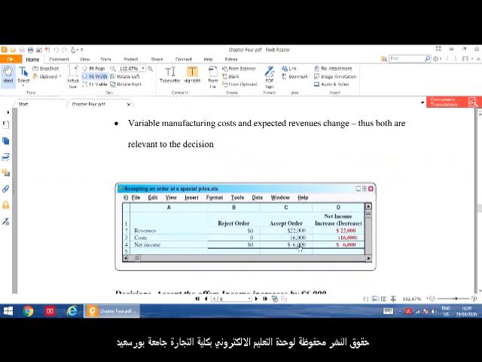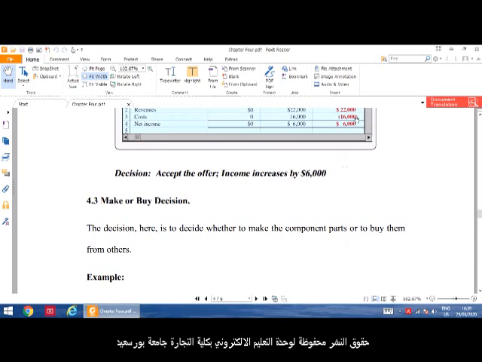So the net income will be $6,000. So in this case, we have to accept the offer. Income increases by $6,000.